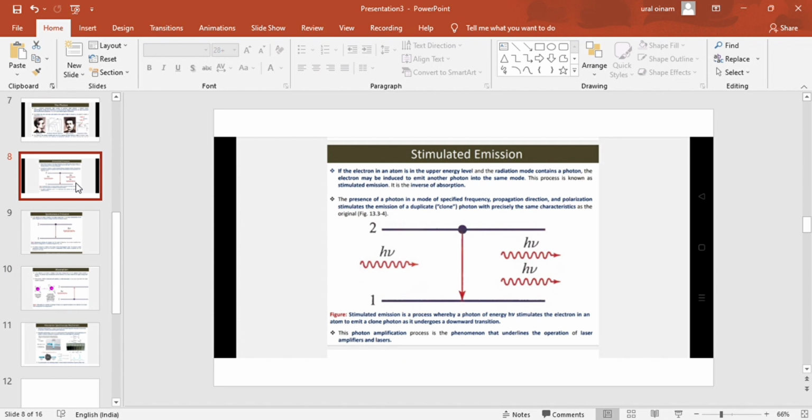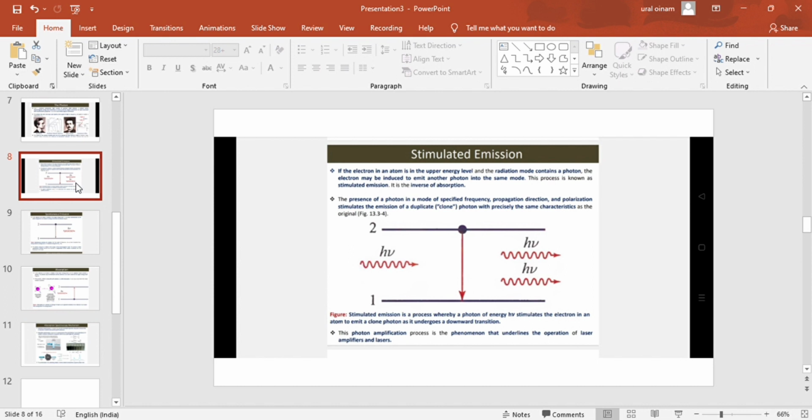And the next thing is the stimulated emission. So what is stimulated emission? When this electron absorbs the energy and moves up to the higher energy level, and when this absorption is happening at a very large rate, some of the electrons in the higher energy state move down to the lower energy state, and when they lose energy, they release a photon.